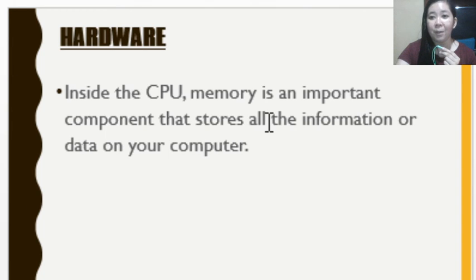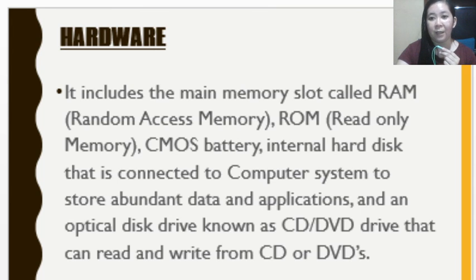Inside the CPU, memory is also a very important component. This is where the information or data are stored in our computer. It includes the main memory slot called RAM, or random access memory, and the read-only memory.